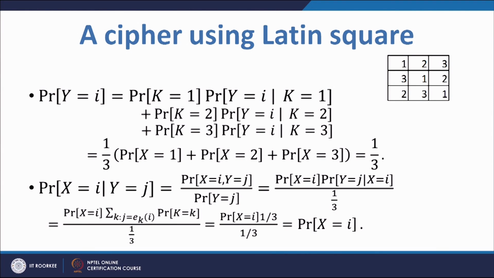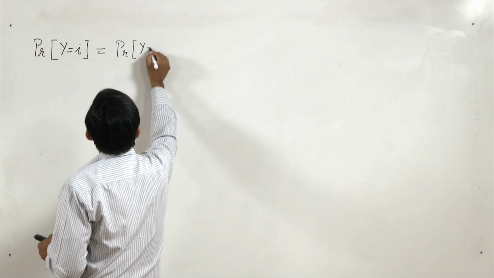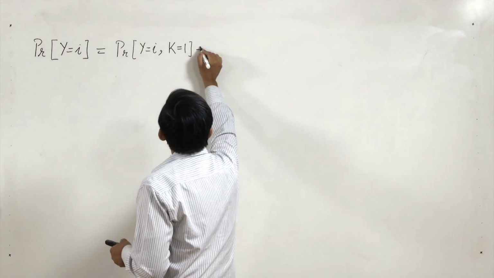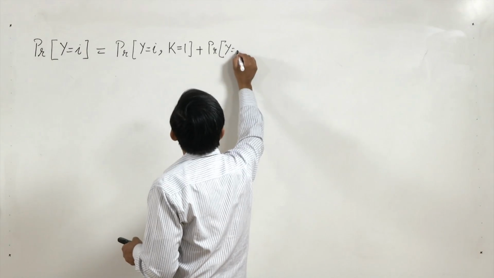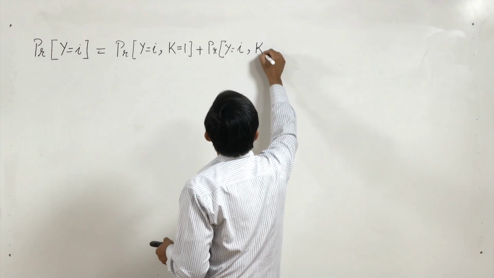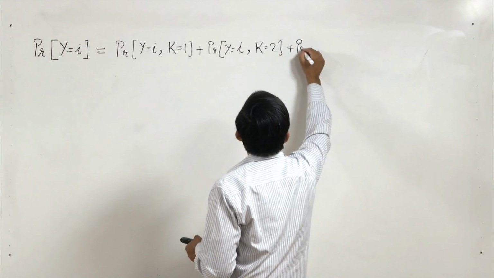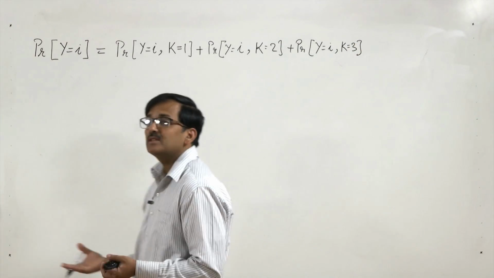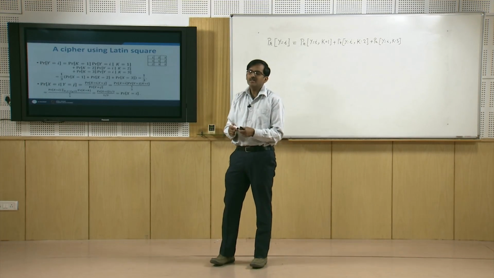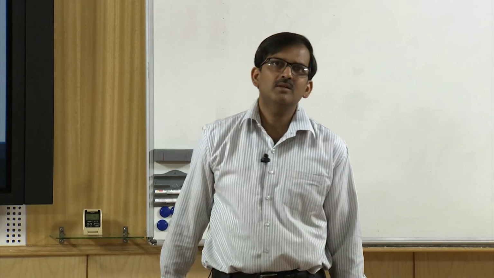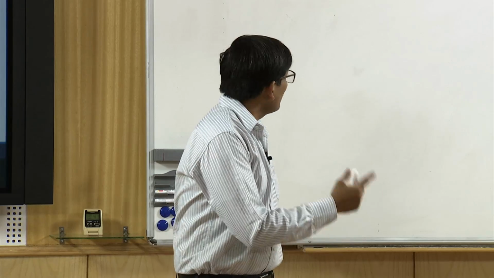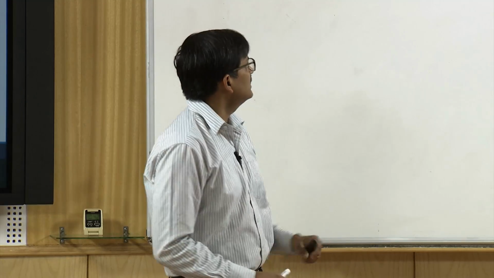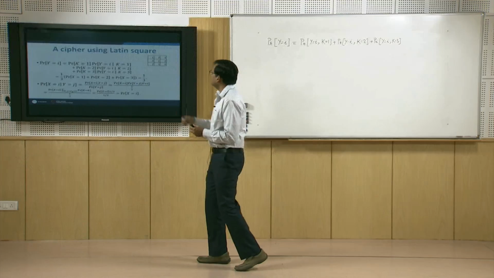This is equal to the probability of y equal to i and k equal to 1, plus the probability of y equal to i and k equal to 2, plus the probability of y equal to i and k equal to 3, because these are the possible keys. So, we have to see what is the probability that y equal to i occurs with k equal to 1, with k equal to 2, and with k equal to 3. It is this one.